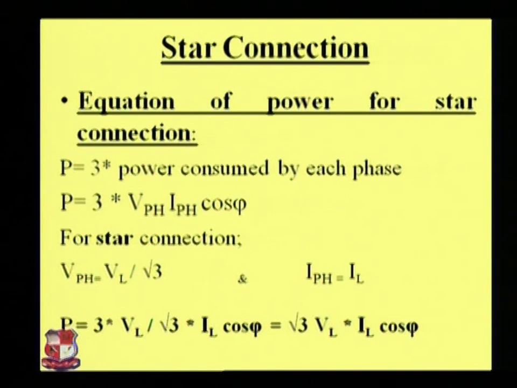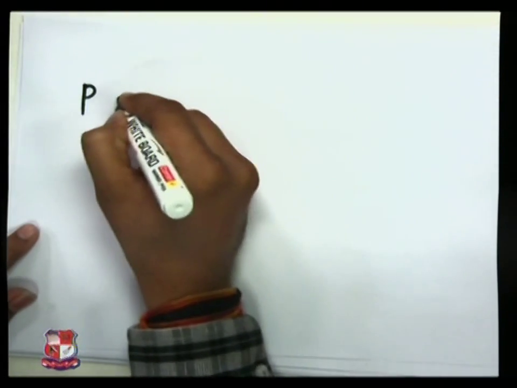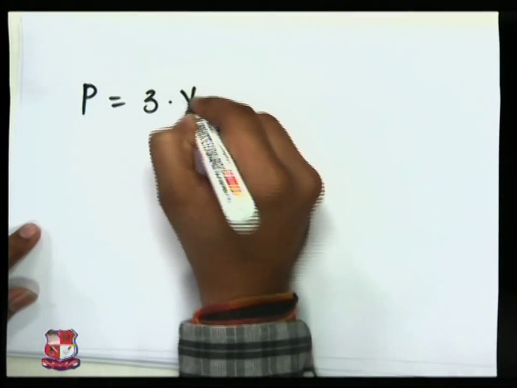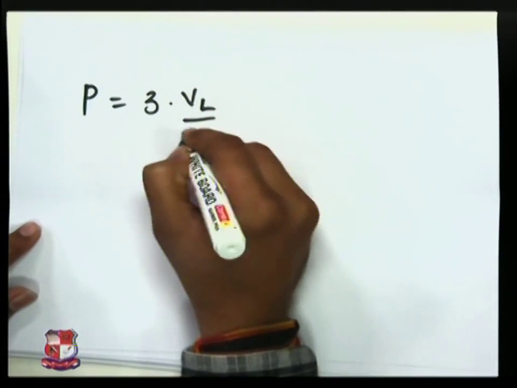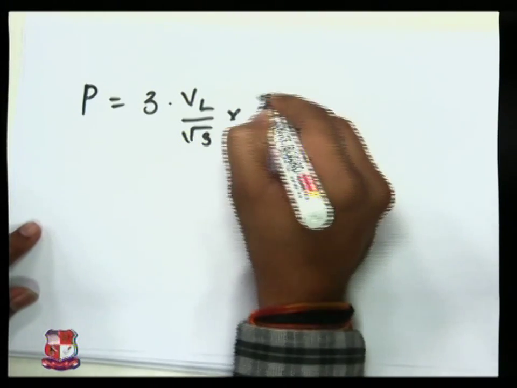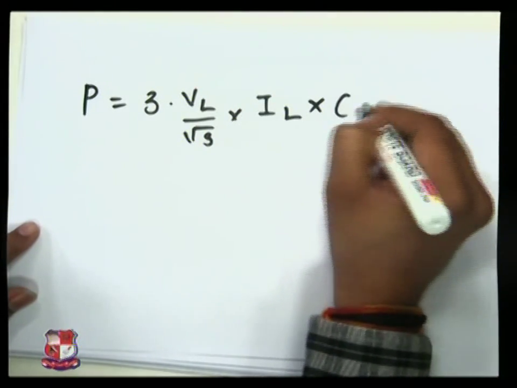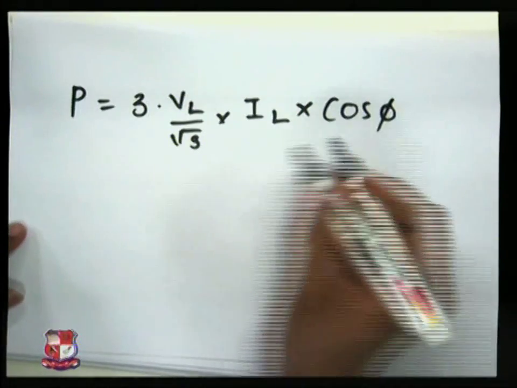Now you can write that 3 equals √3 into √3. So √3 cancels out, and we get P equals √3 VL IL cos phi. See here, P equals 3 into VL by √3 into IL into cos phi.